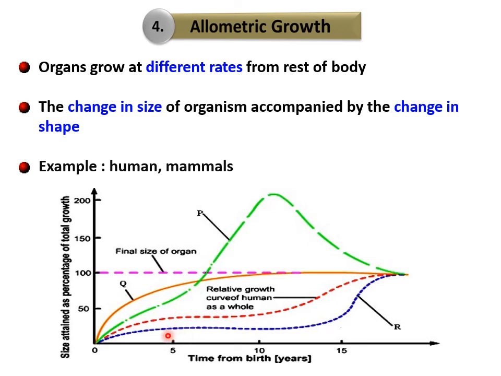The reproductive organs grow slower than the whole organism during infancy, and then faster during puberty.